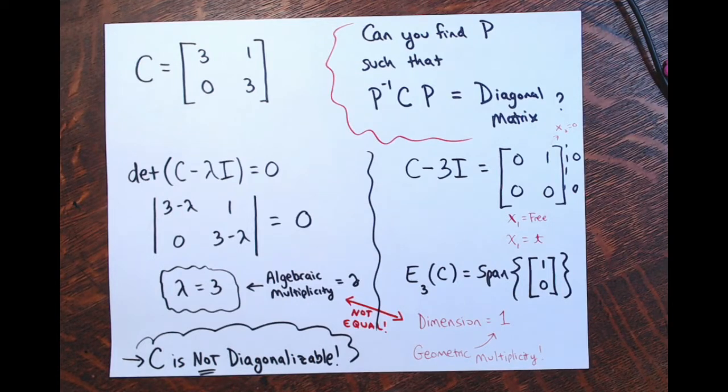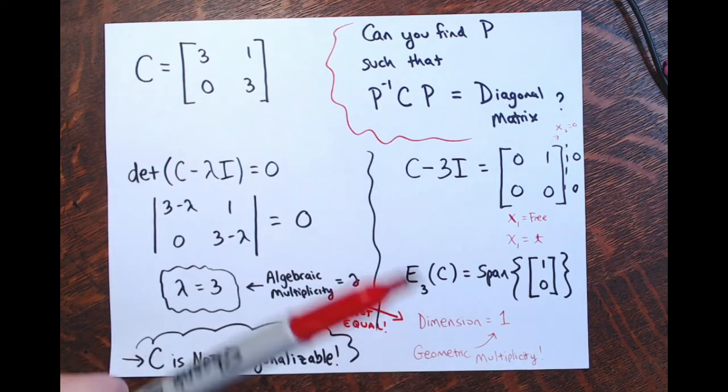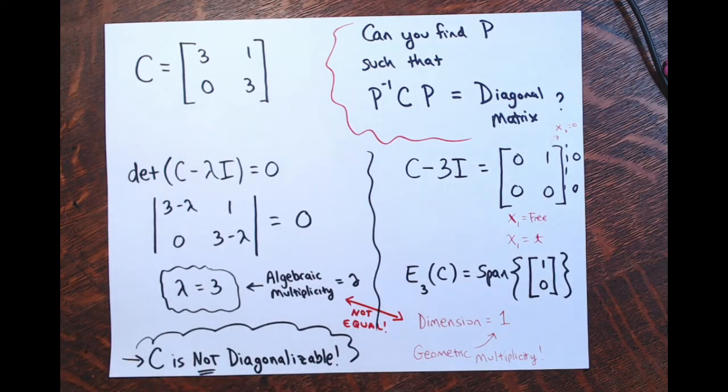That way you'll be able to find n independent eigenvectors and then be able to form your matrix P and go from there. If any eigenvalue has unequal algebraic and geometric multiplicities, then the matrix cannot be diagonalized. You can't find a matrix P that does this.